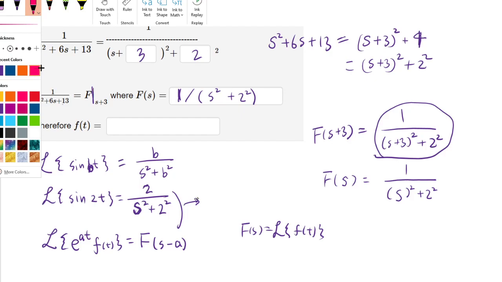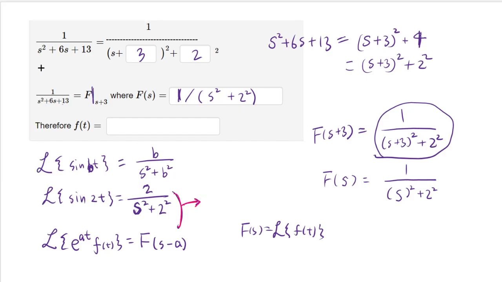So these two together will tell you that the Laplace transform of e to the at times sine 2t is equal to 2 over s minus a squared plus 2 squared. Because this formula right here says if e to the at is multiplied, instead of the regular s, you have to replace s by s minus a. And that's exactly what I did. This s got replaced by s minus a, right?